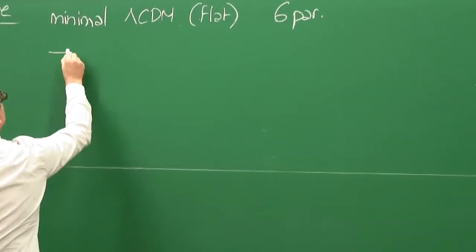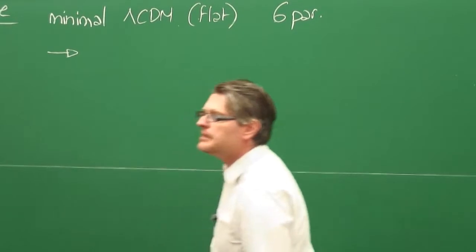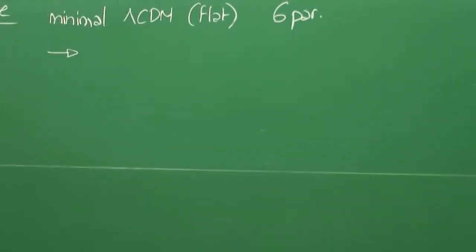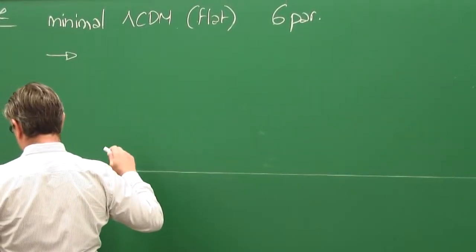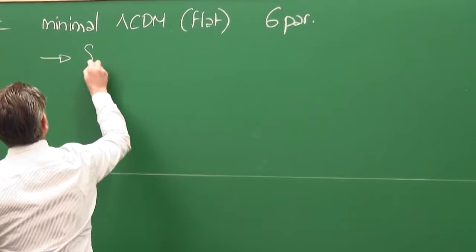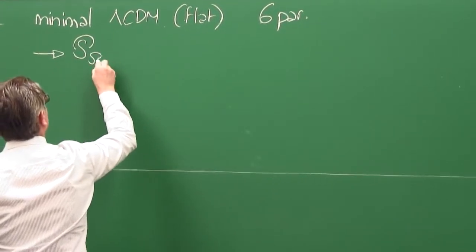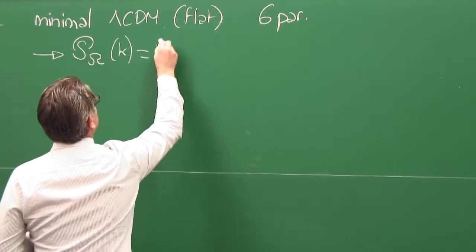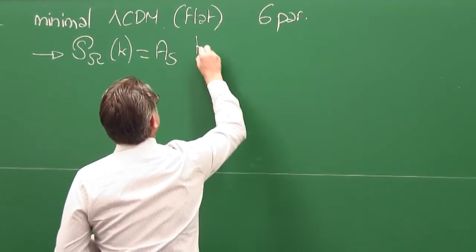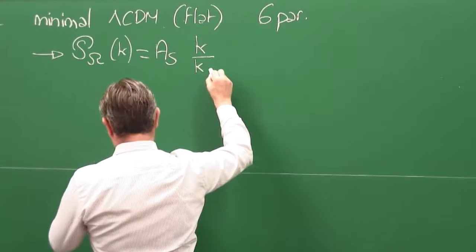First, we assume that initial conditions produce a power law spectrum, and because inflation predicts a nearly flat spectrum, we only include first-order correction from this flatness. And so we write the primordial spectrum of curvature perturbation as an amplitude times a tilt.